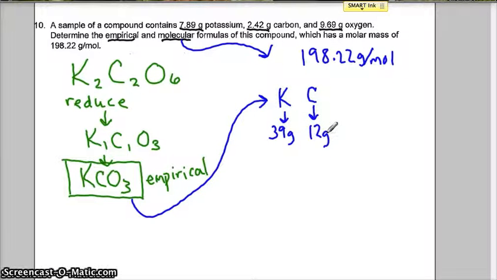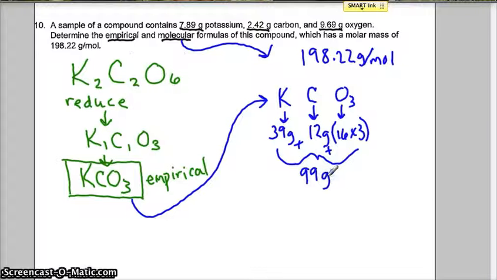Basically, oxygen, since there's 3 of them, we would do 3 times 16. So you would add these all up, 39 plus 12 plus 16 times 3, and that will give you 99 grams. So that's our formula weight.